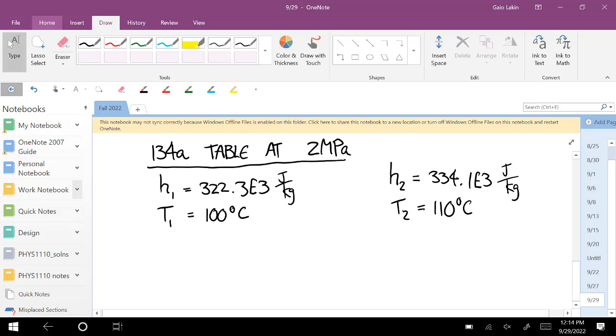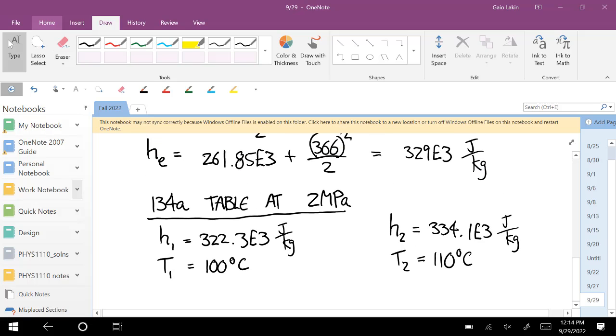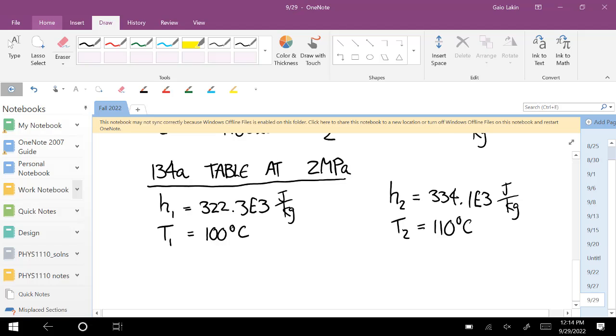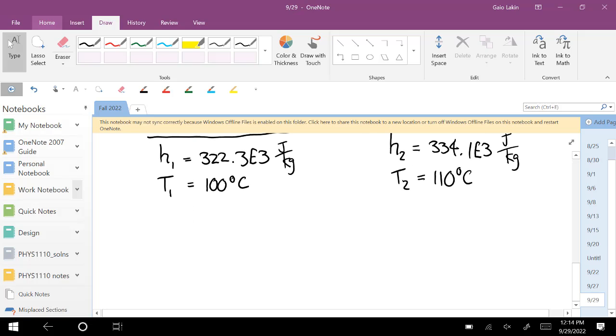And so now we want to do an interpolation to find the temperature when the enthalpy is 329 in between these two.